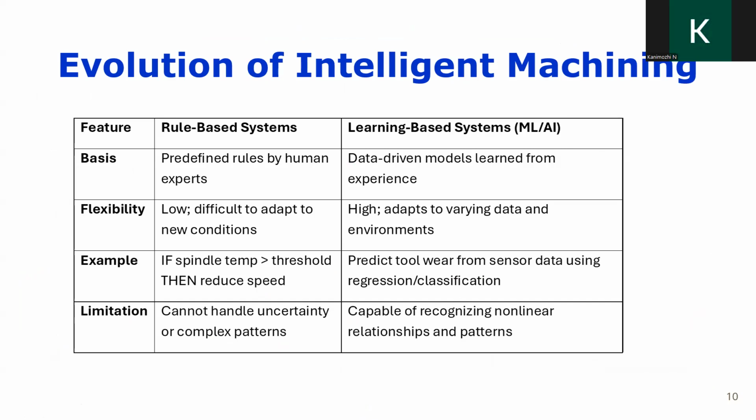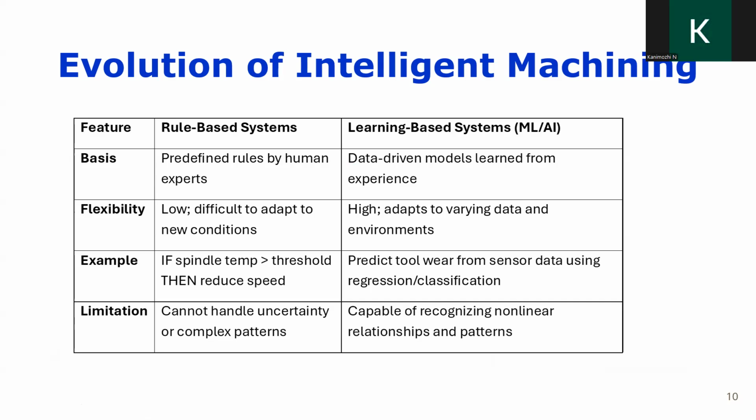This slide shows how machining has evolved from rule-based systems to learning-based systems using machine learning or artificial intelligence. In the past, machines followed fixed rules written by experts, for example, if the spindle temperature goes too high, reduce the speed. These systems were not flexible and could not handle changes well.